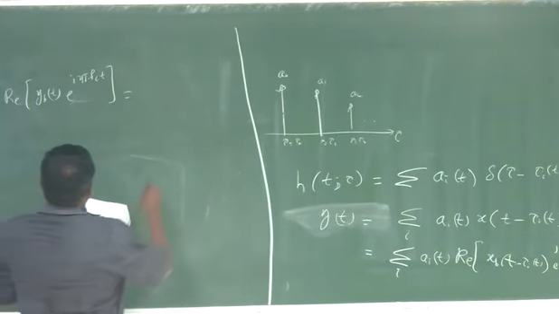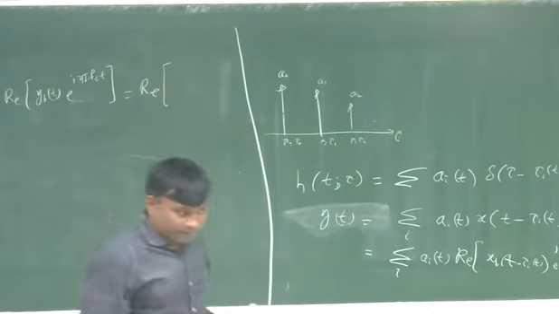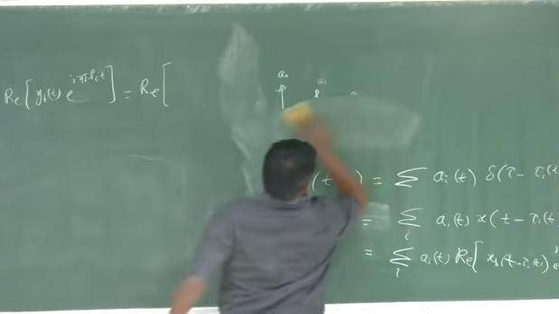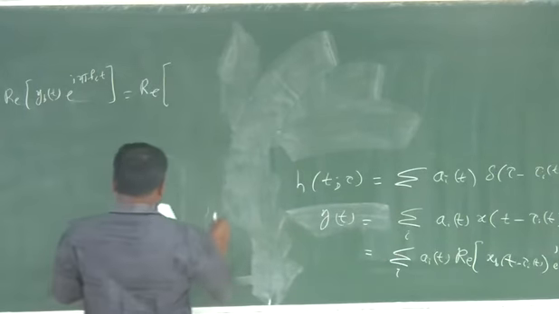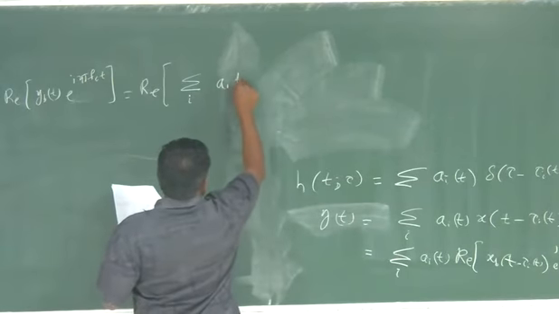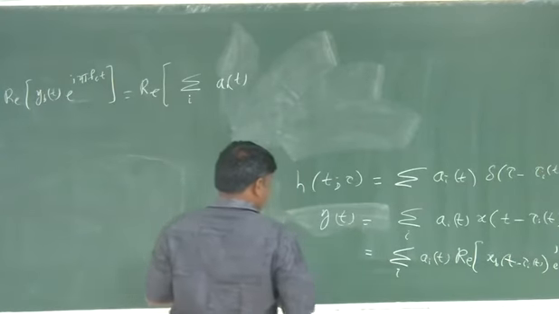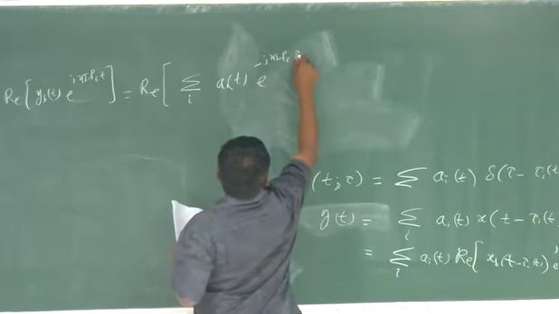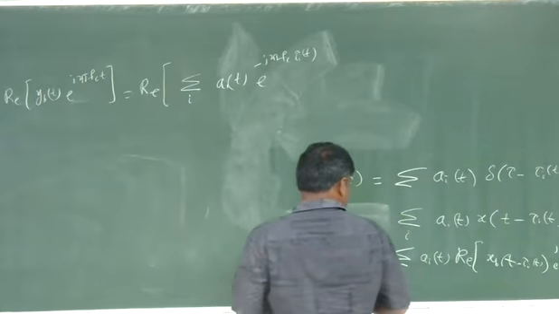So this would be the real part of the summation over i of a_i of t e to the power of minus j 2 pi f_c tau_i of t.